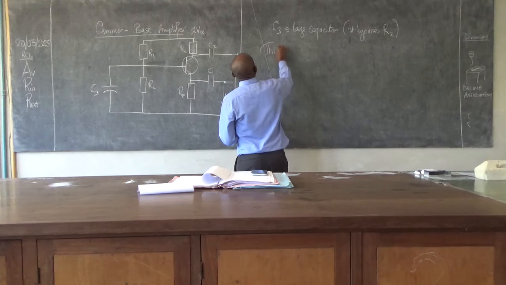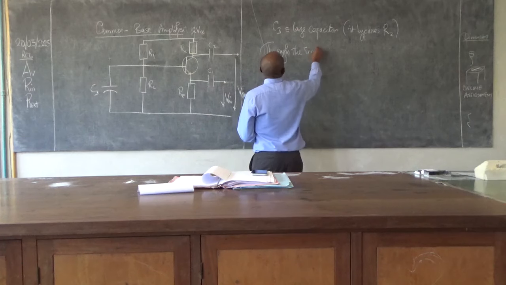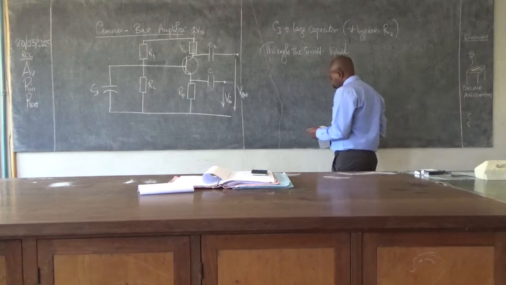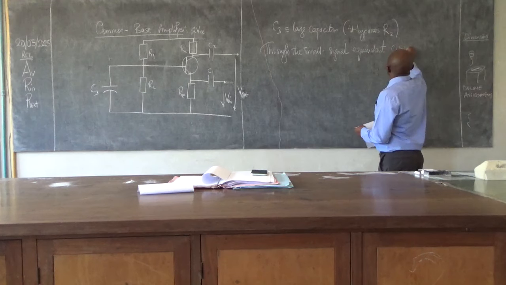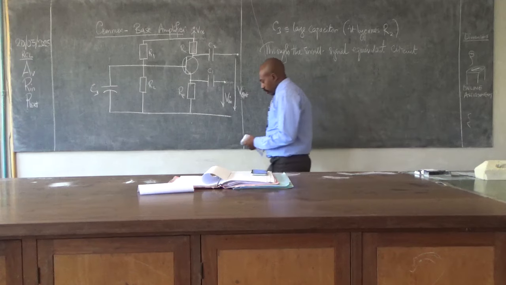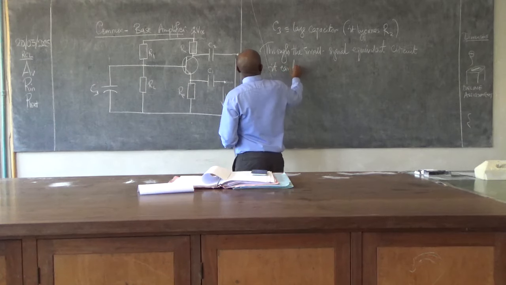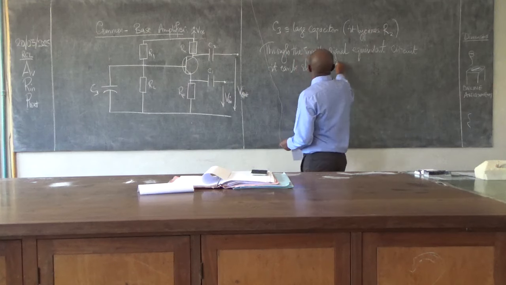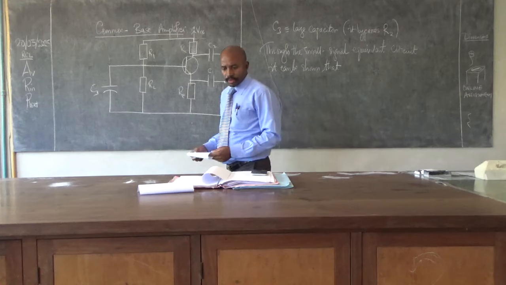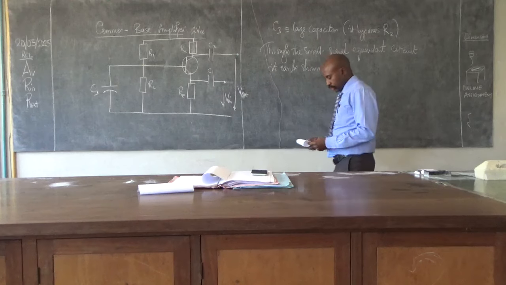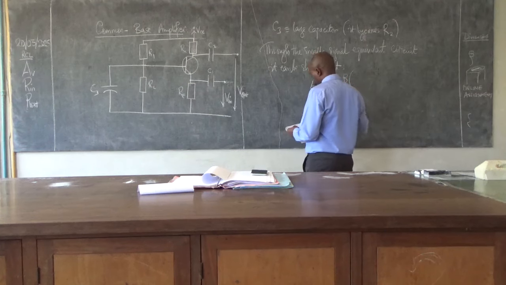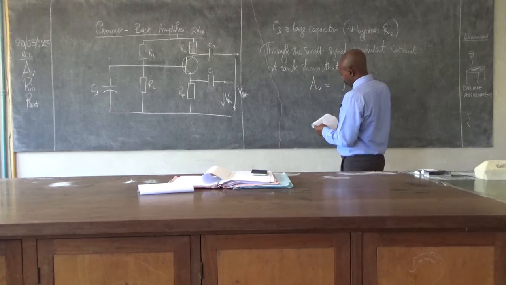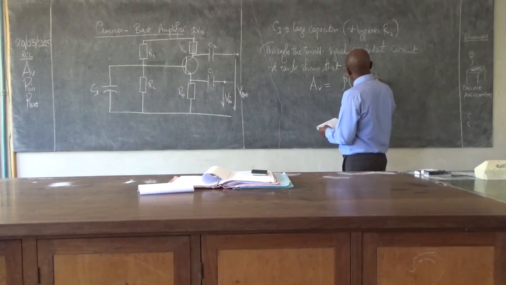Through the small signal equivalent circuit, it can be shown that AV is equal to beta times the parallel of RC and RCE divided by RBE.